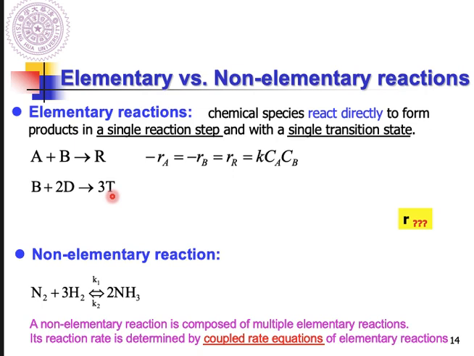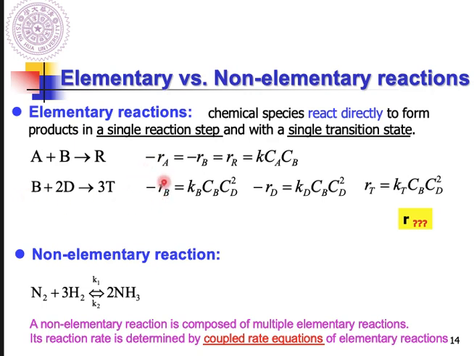So in this case, when you write down the consumption rate for B, minus R_B, and we assume the rate constant for the forward reaction is K_B, it will be K_B C_B^1 C_D^2. The consumption rate for R_D will use K_D, C_B^1 and C_D^2. And R_T is K_T C_B C_D squared.